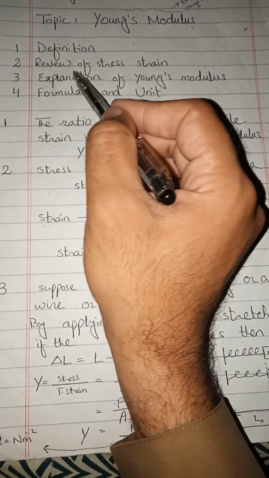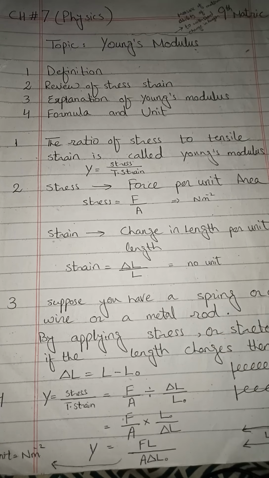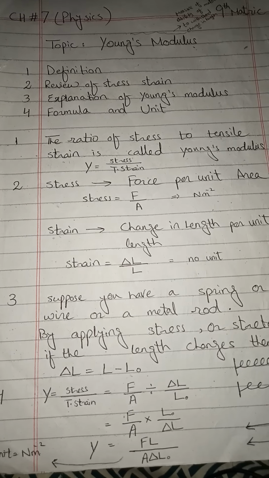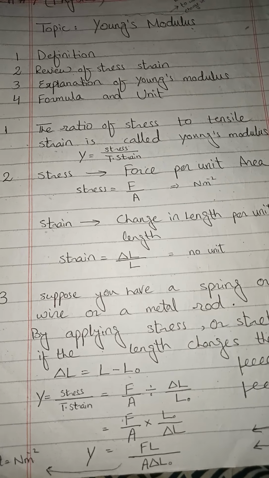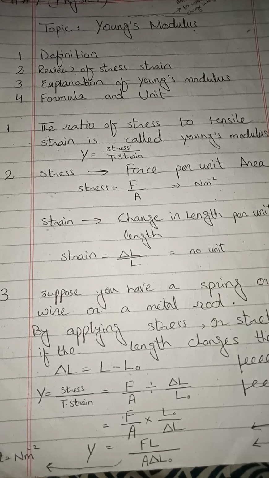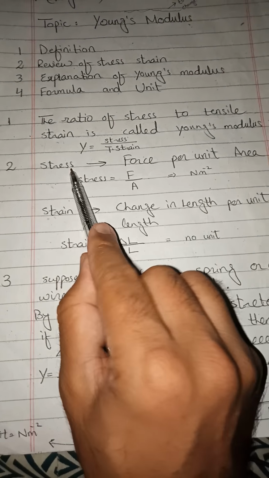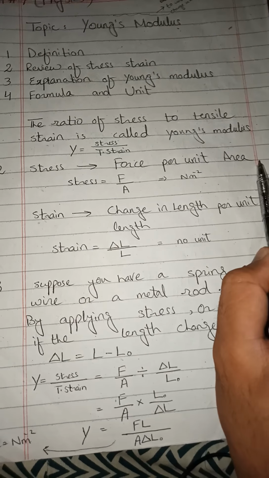So let's take a review of stress and strain, because it is very necessary to understand the concept of stress and strain while we are discussing Young's modulus. Young's modulus is basically the ratio of stress and strain. Stress is the force per unit area.